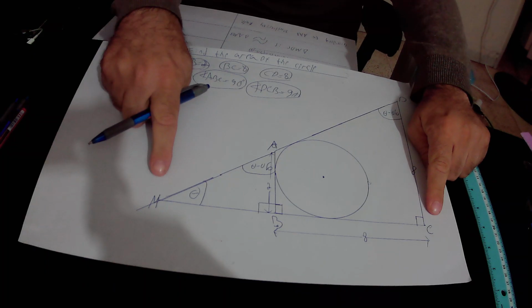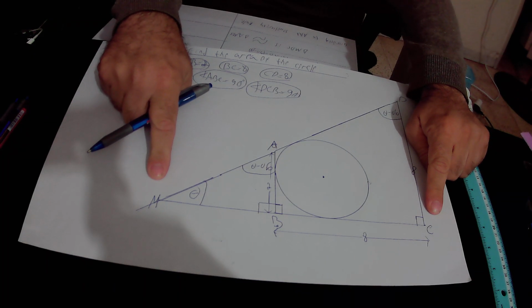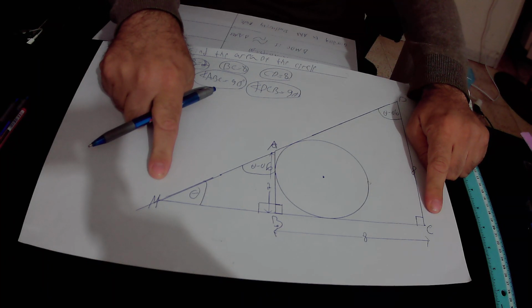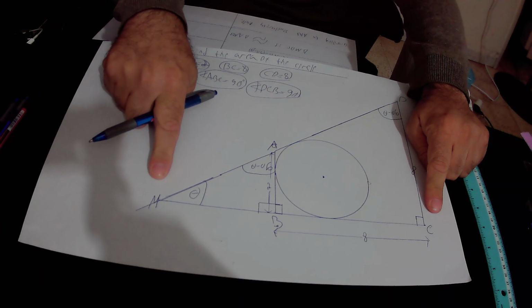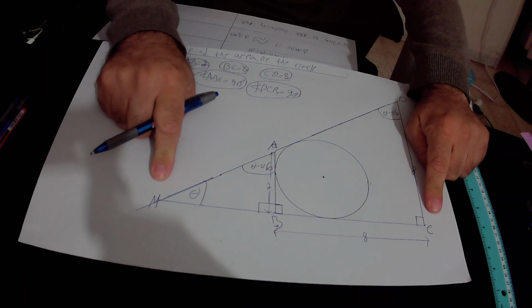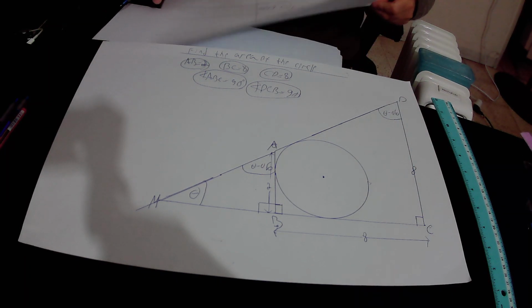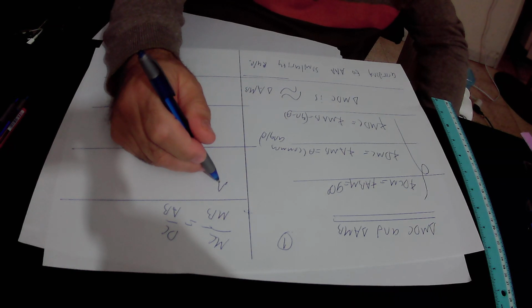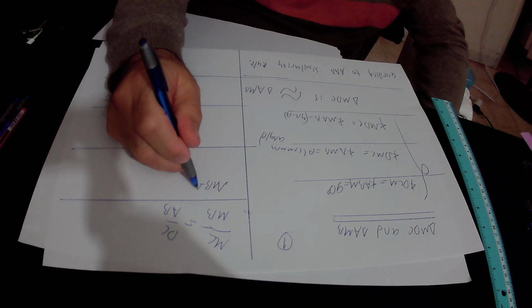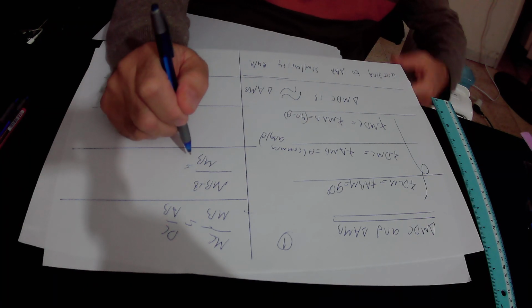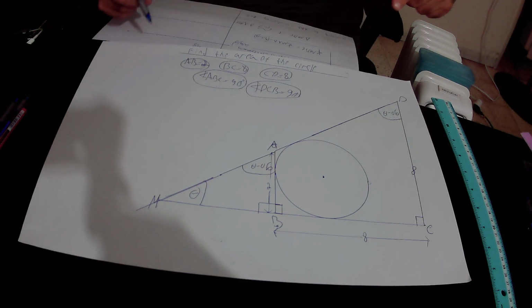What is the length of MC? From the drawing it is very easy to see that MC equals MB plus BC, and BC is 8. Therefore in total MC equals MB plus 8. So we substitute MC by MB plus 8 over MB, equal to DC over AB.